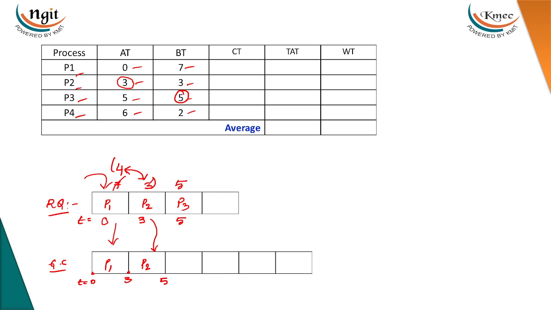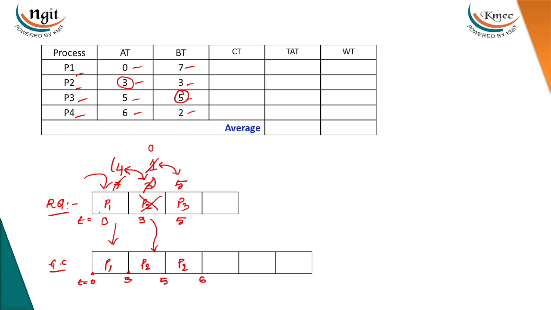The remaining time of P2 is 1. Comparing P2 and P3, which has the lowest burst time? P2 only. So P2 continues to execute its remaining time of 1, that is up to 6. Now P2's execution is completed.